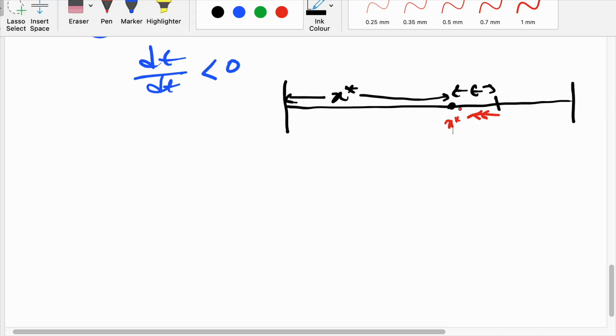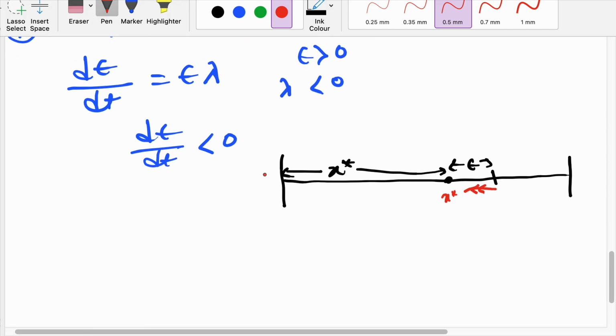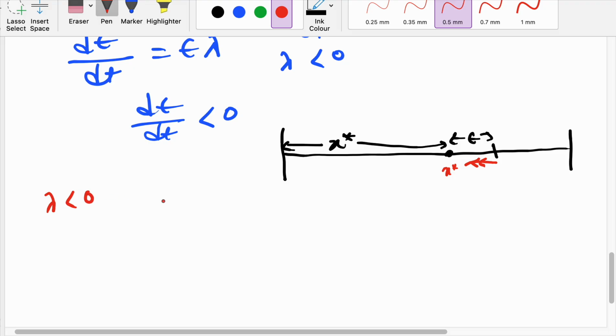So we can say for this system that if lambda is less than 0, the x star is a stable fixed point.